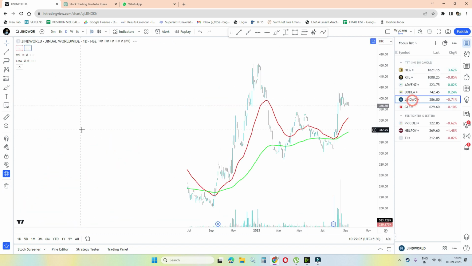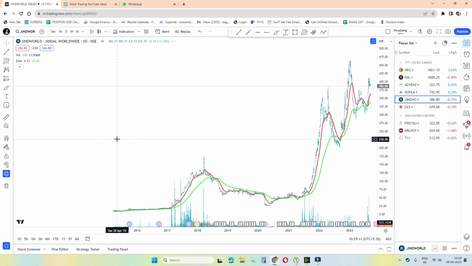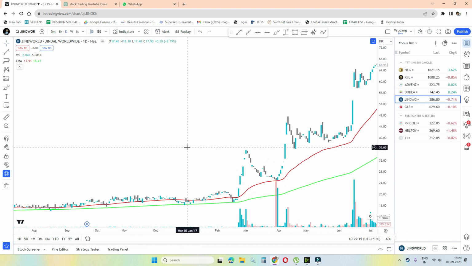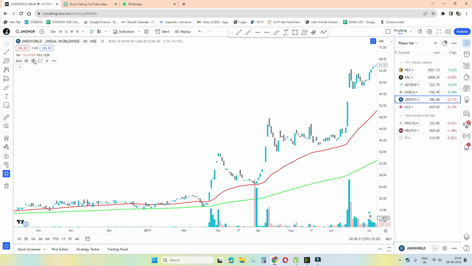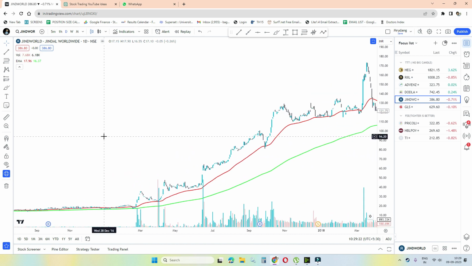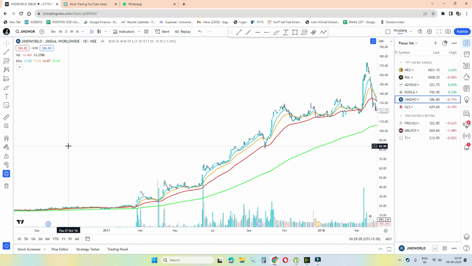Let's take another. Now, as the stock is in extreme momentum, most of the stocks I trade look like this. They have too much momentum. I like those stocks.